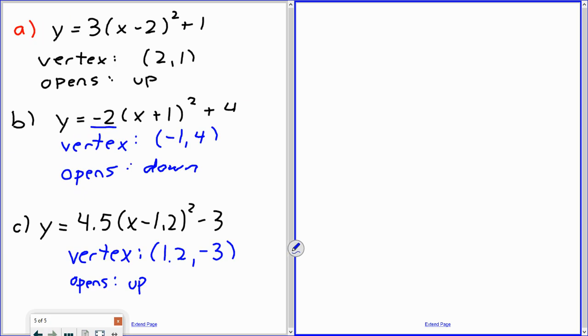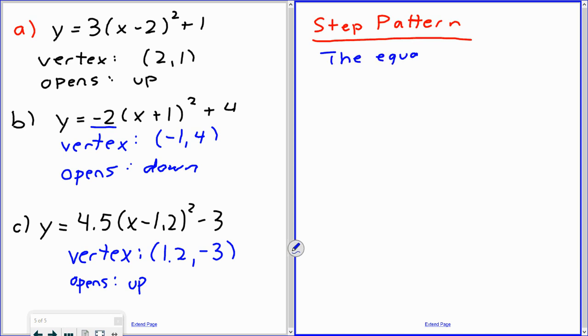Now we're going to do the step pattern. Okay, the equation y equals x squared beside y equals 2x squared.